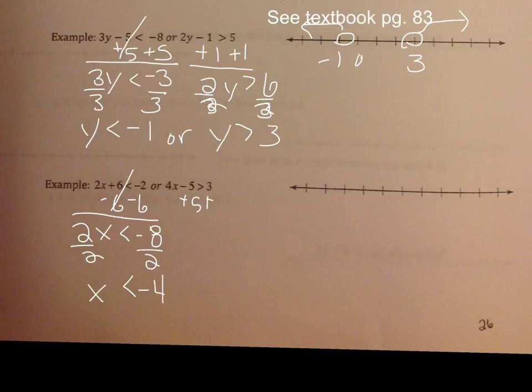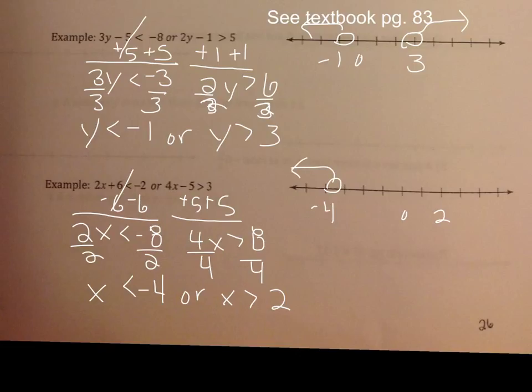We're going to add 5 to both sides. 4x is greater than 8. Divide by 4. We're getting x is greater than 2. This is an OR problem. So the values could be less than negative 4 or greater than positive 2.